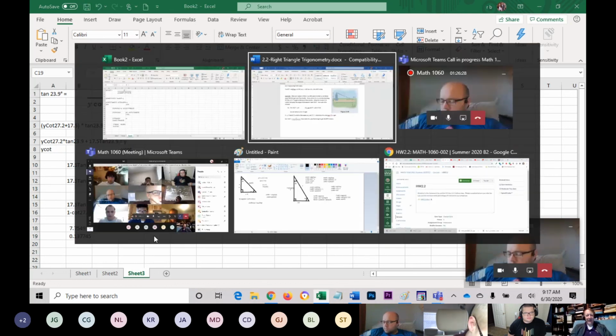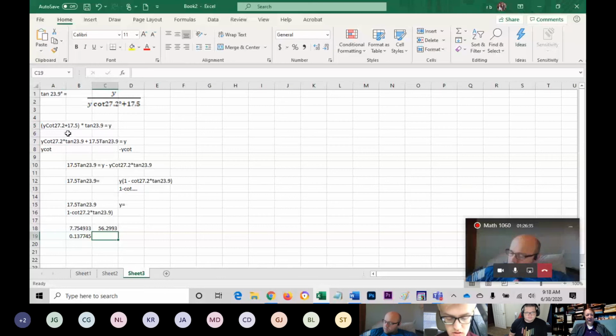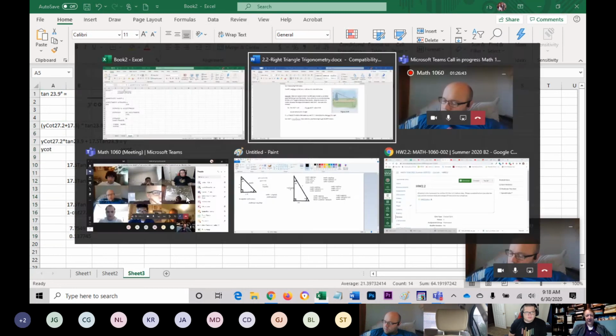So that's not in my notes, but I know this is all algebra, and it's probably more algebra than you guys are used to doing. Okay.